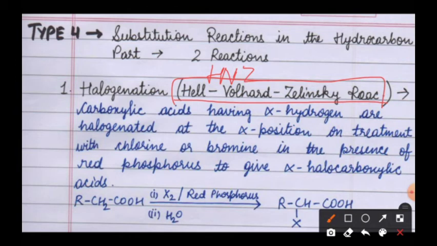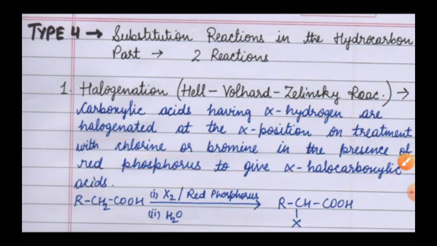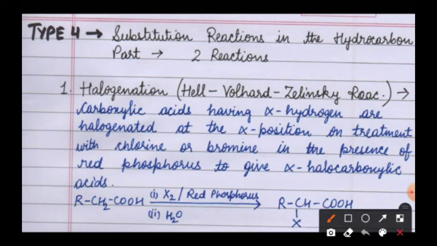So see what is happening here. Carboxylic acid having alpha hydrogen, the condition here is that alpha hydrogen must be there, is halogenated at the alpha position on treatment with chlorine or bromine in the presence of red phosphorus to give alpha halocarboxylic acid. See children, this is an example of an acid. Now this is our functional group. So this carbon will be the alpha carbon atom, and here the hydrogen is present. In fact, 2 alpha hydrogens are there.